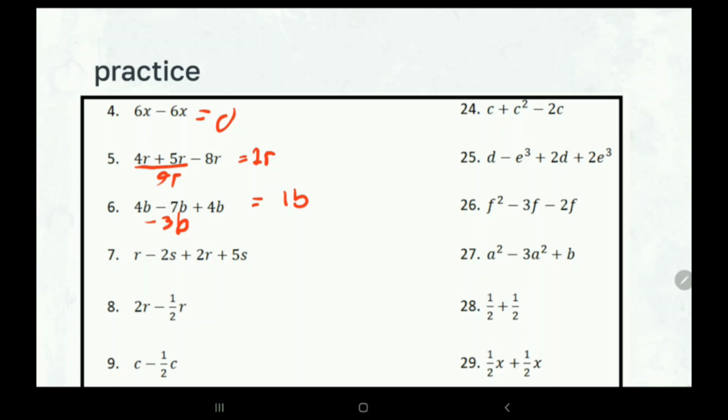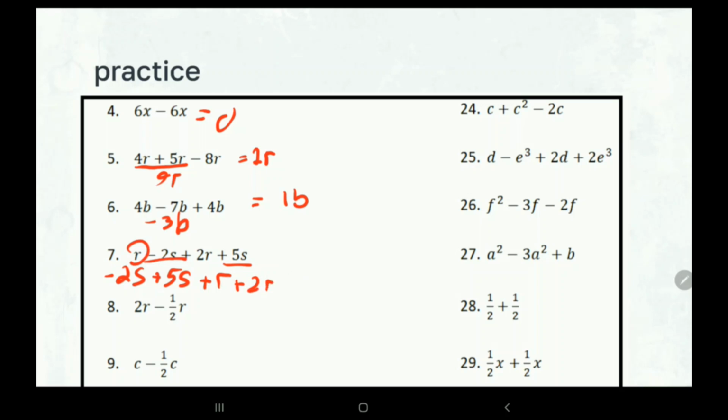In this case we have two different variables. So we would add the same variables, negative 2s with 5s. Let's arrange it: negative 2s plus 5s plus r plus 2r.